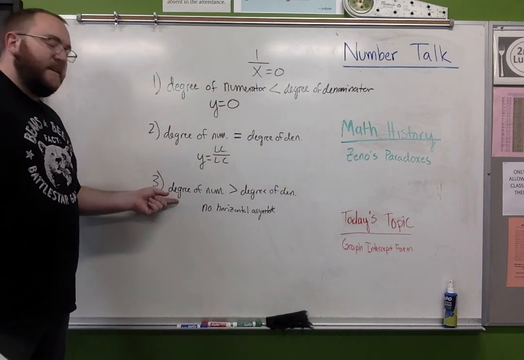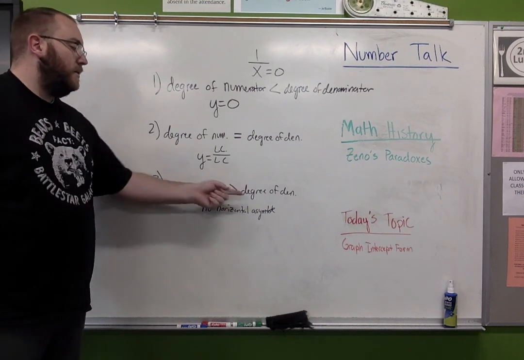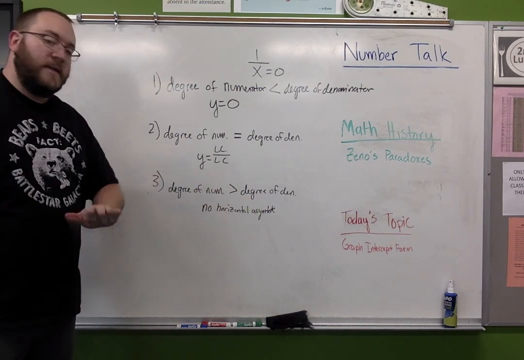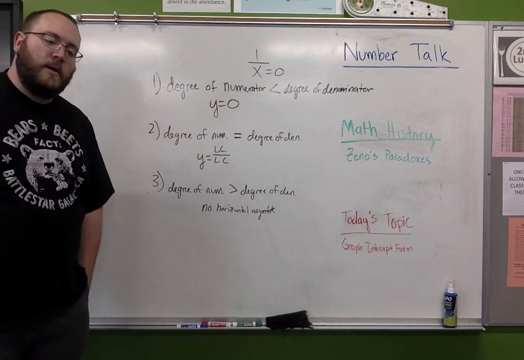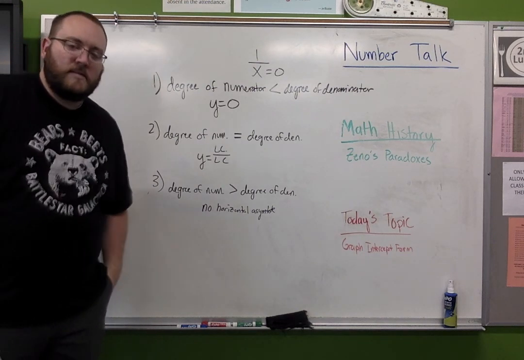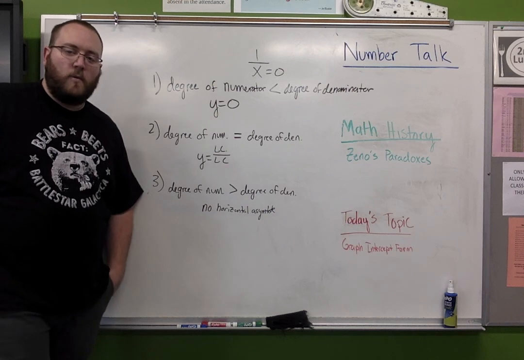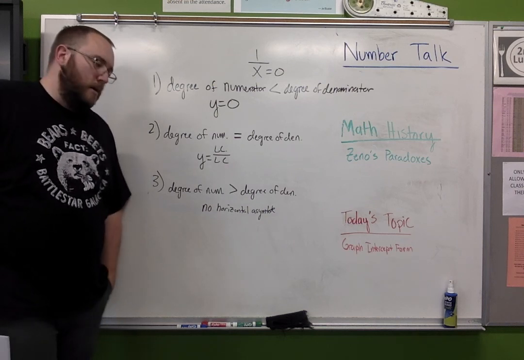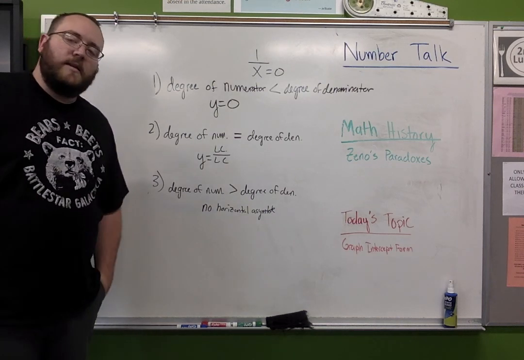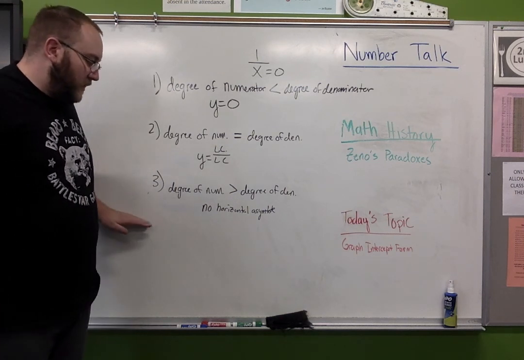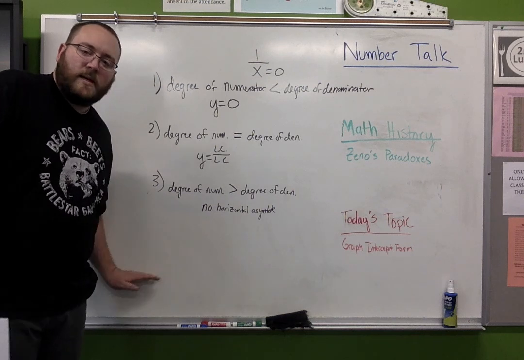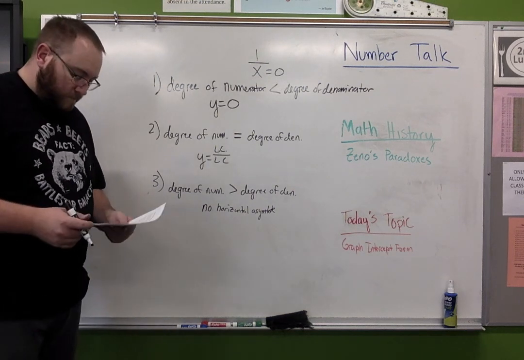So if the biggest exponent in the numerator is bigger than the biggest exponent of the denominator, there is no horizontal asymptote. There is an asymptote. It's called an oblique asymptote. Sometimes you'll hear slant, but that's an informal word. The formal word is oblique. But we're not going to cover that this year, just for time's sake. It's instead of a horizontal line, it's a slanted line. That's why sometimes people call it a slant asymptote.